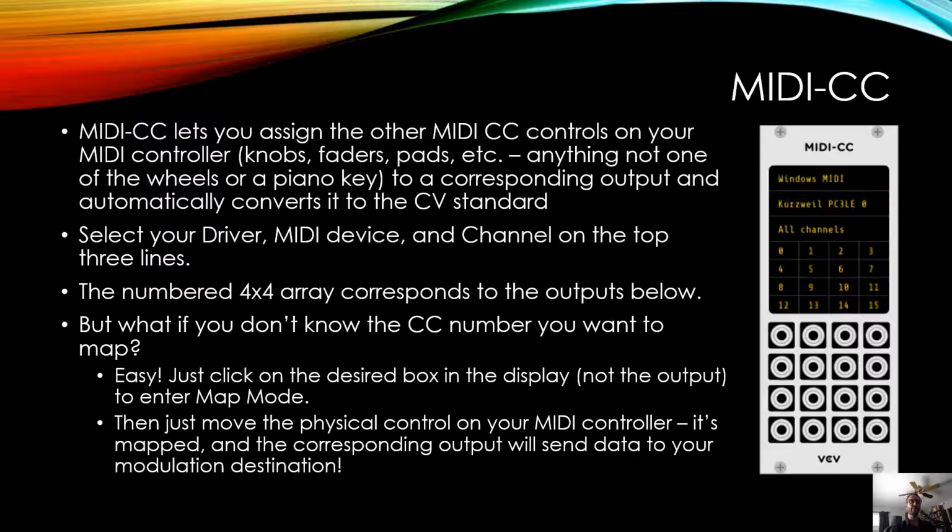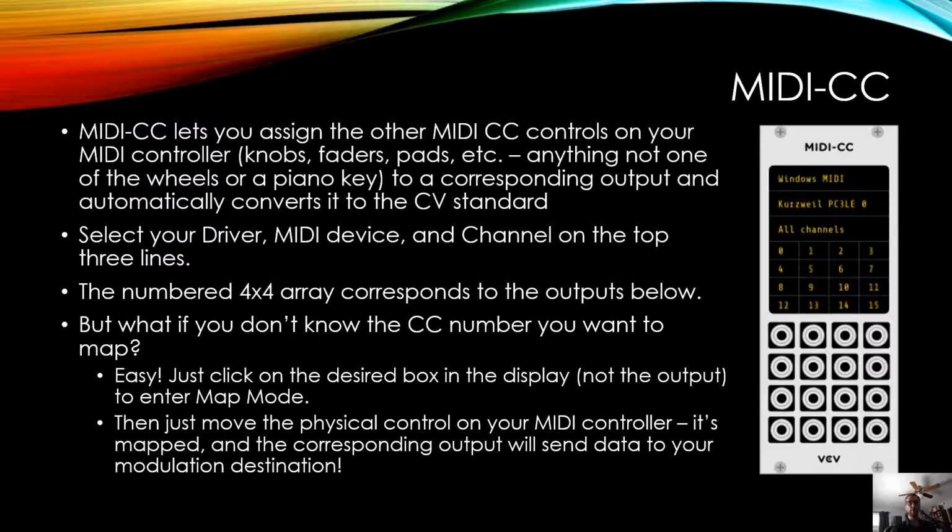All you have to do, select your driver, MIDI device, and channel on the top 3 lines. Then you'll notice there is a 4x4 array, 0 to 15, in the display, and below that there are 16 outputs. Well, 15, 0 to 15. So that corresponds to the outputs below the display.